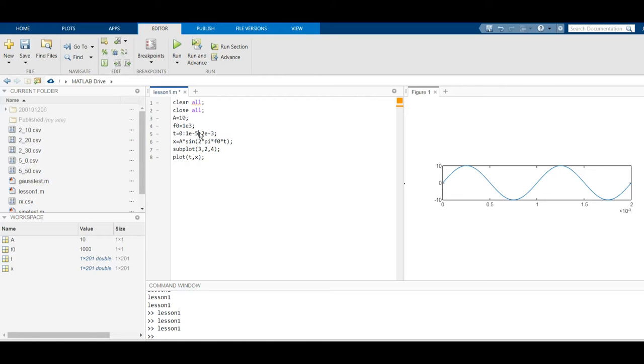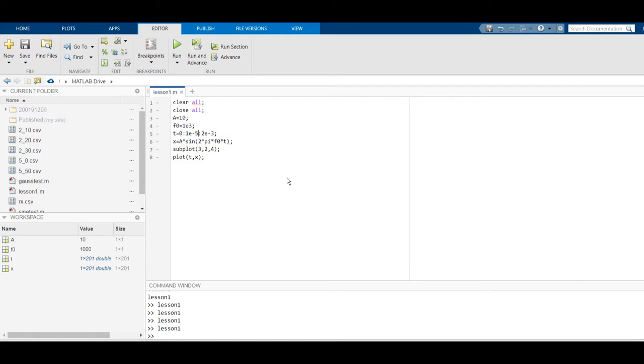Let us see where it goes. It went there. So it means the first comes here, second here, third here, fourth here, fifth here, and sixth here. That's the way it's going to work.